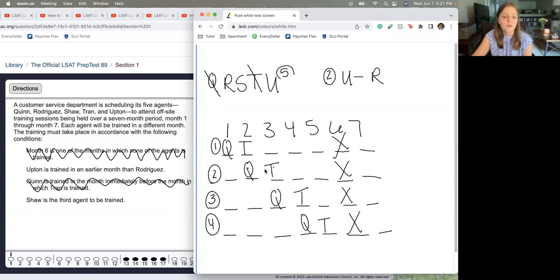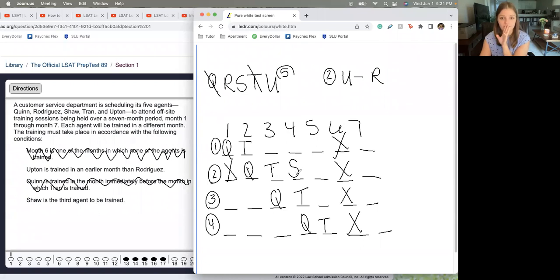But Q and T are in my second and third spot. Technically, S can be the third agent to be trained if it's in the 4th spot and we prevent anyone from going into 1. Because technically, Q's the first agent to be trained, T's the second agent, S is the third agent.